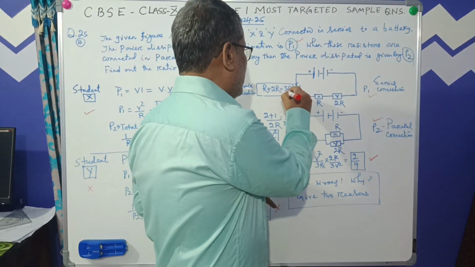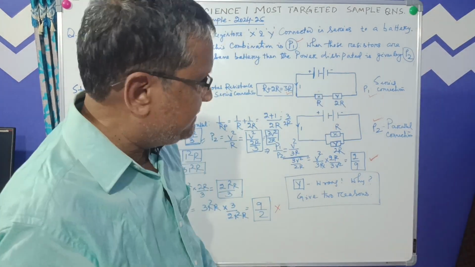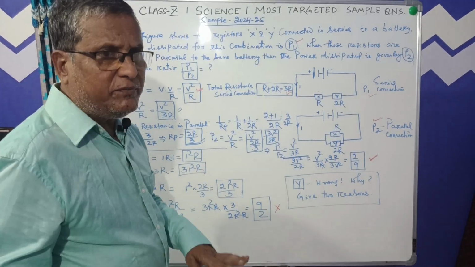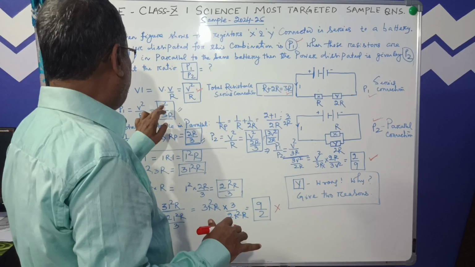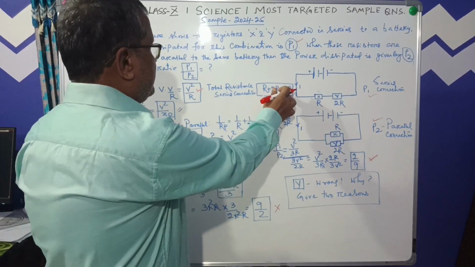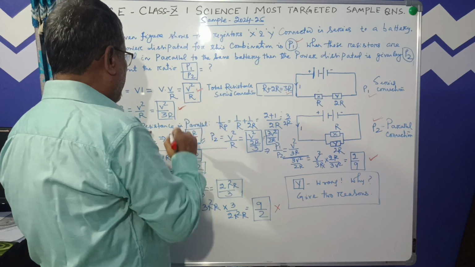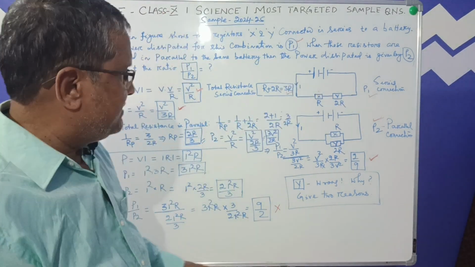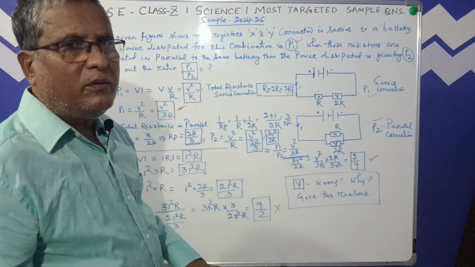This is the total resistance in the first connection. Applying the formula V square by R with 3R, we got P1, the power consumed, as V square by 3R.